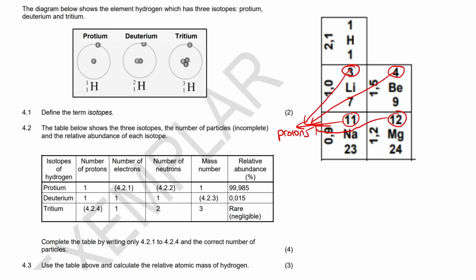Now, if it is a neutral atom, meaning it's not positive or negative, it's just neutral, then that is also the number of electrons.